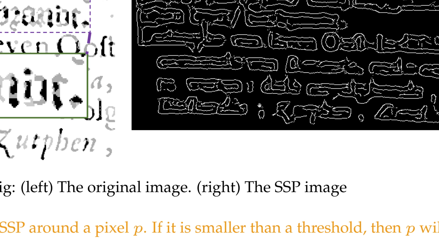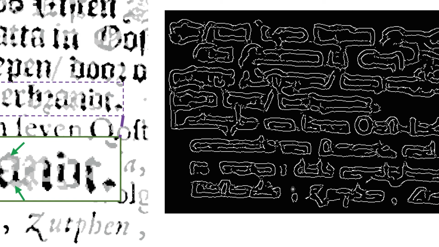For example, if we do some edge detection technique on this image at the left, it will give you some edges like this, and this kind of pixels would certify whether these pixels in the clusters are actually text pixels or not.